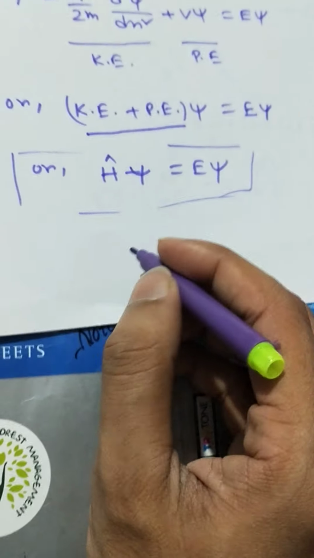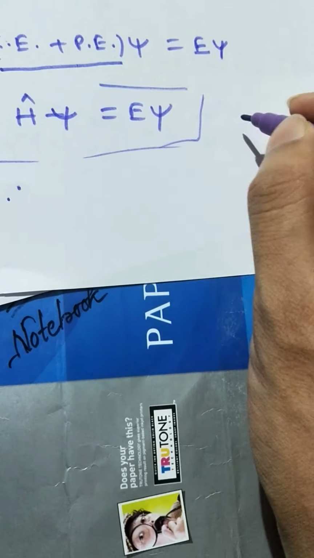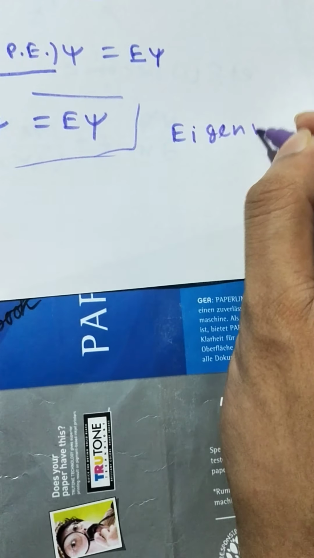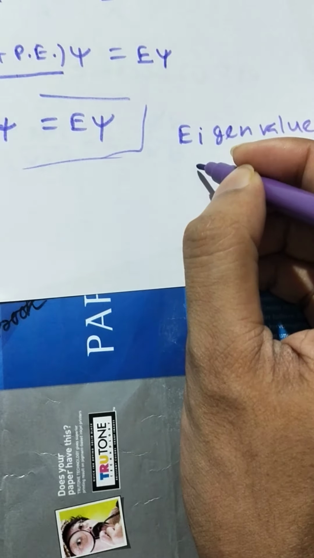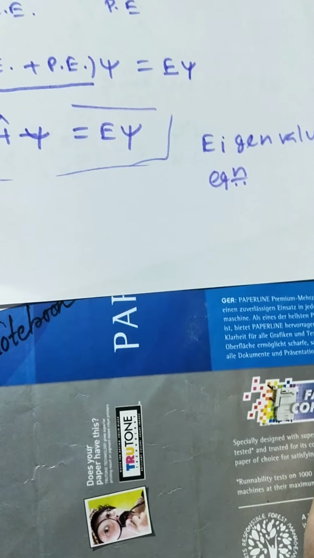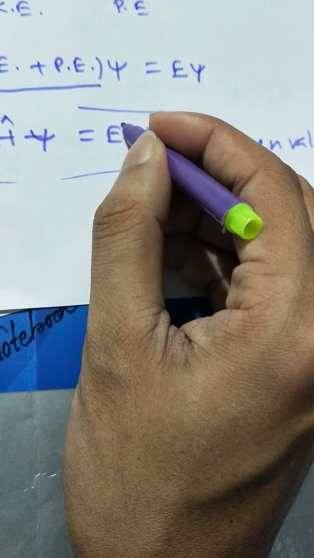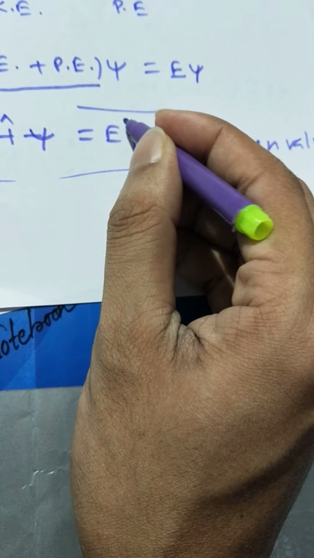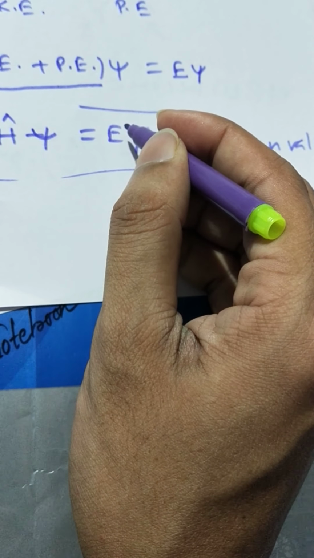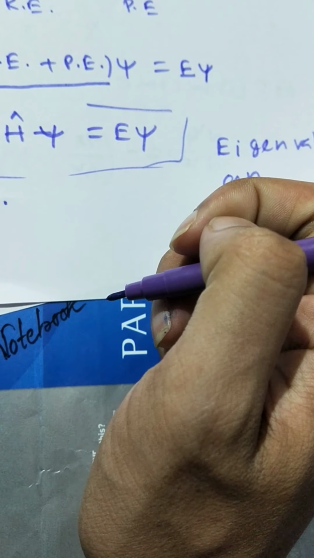Mathematically, this equation is also called an eigenvalue equation, where this E means the constant E has the energy dimension for the Hamiltonian operator.